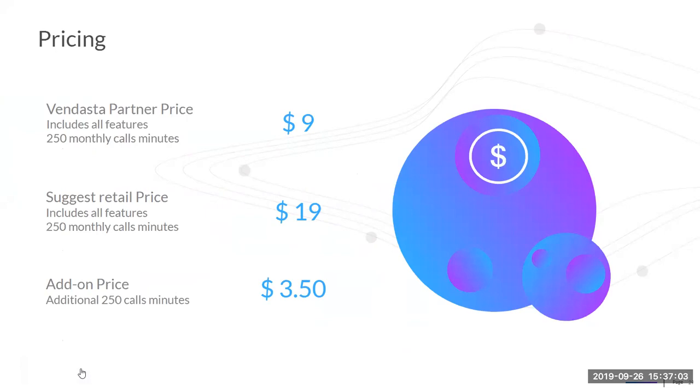The partner price includes all the features you saw right now, and also 250 monthly call minutes, at $9 a month. Our suggested retail price to the SMB, with the same features and the same 250 monthly calls, is $19 a month.